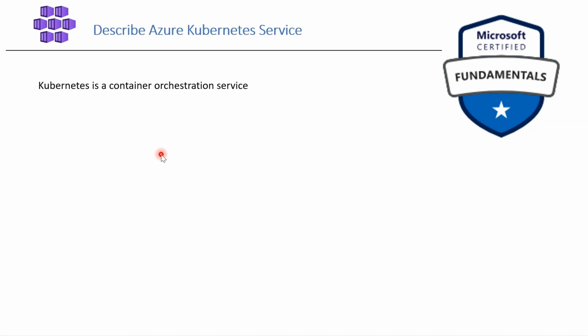In that case, Kubernetes comes into the picture. It's a container orchestration service. What does an orchestration service do? It manages the life cycle of a container. Right from startup to shutdown, and when it fails, it reboots. The entire life cycle of a container is managed by Kubernetes.